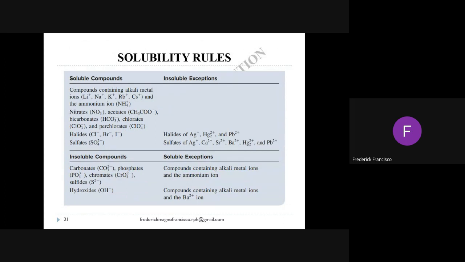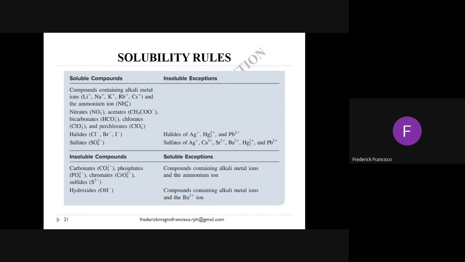Several common ionic compounds are classified as soluble or insoluble. Keep in mind, however, that even insoluble compounds dissolve to a certain extent. Soluble compounds are compounds containing alkali metal ions and ammonium ions.